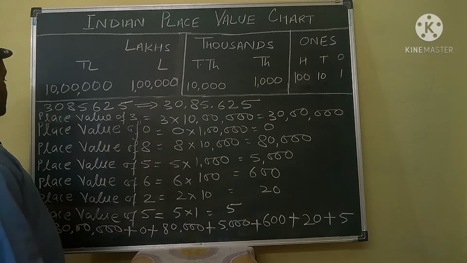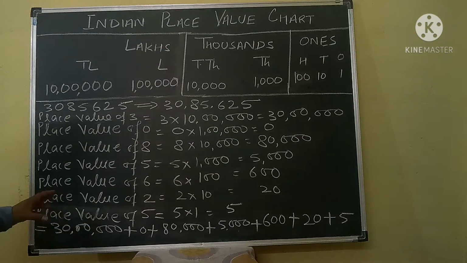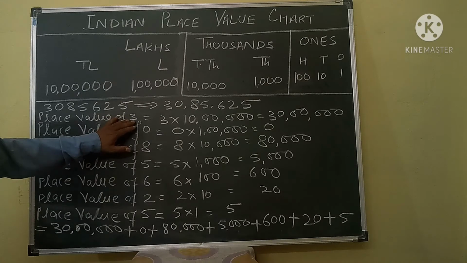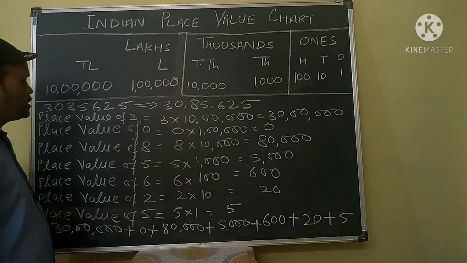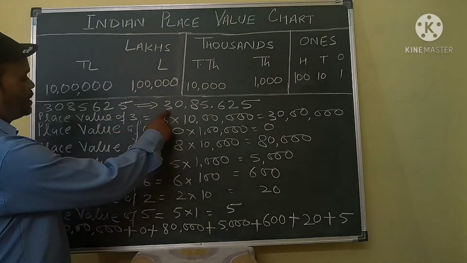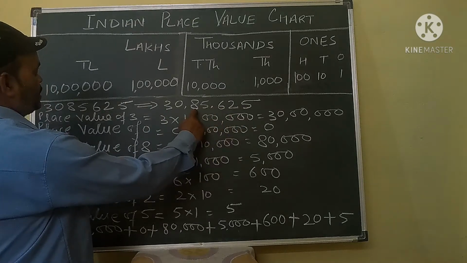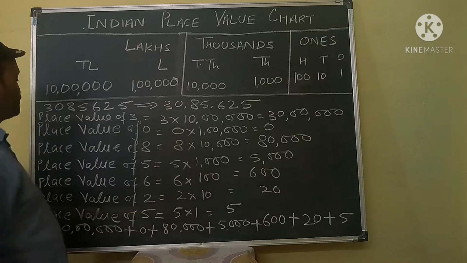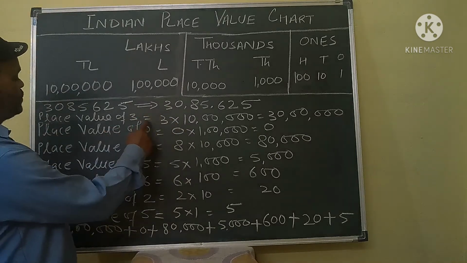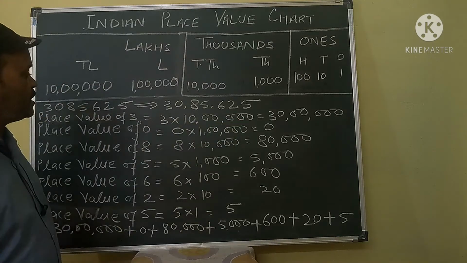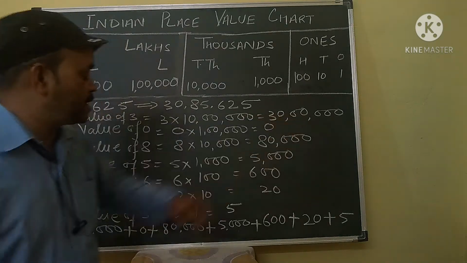Now look here. First we will discuss the place value of 3. 3 is in which place? Ones, tens, hundred, thousand, 10,000, lakh, 10 lakh. The place value of 3 is 3 into 10 lakh, which is equal to 30 lakh.